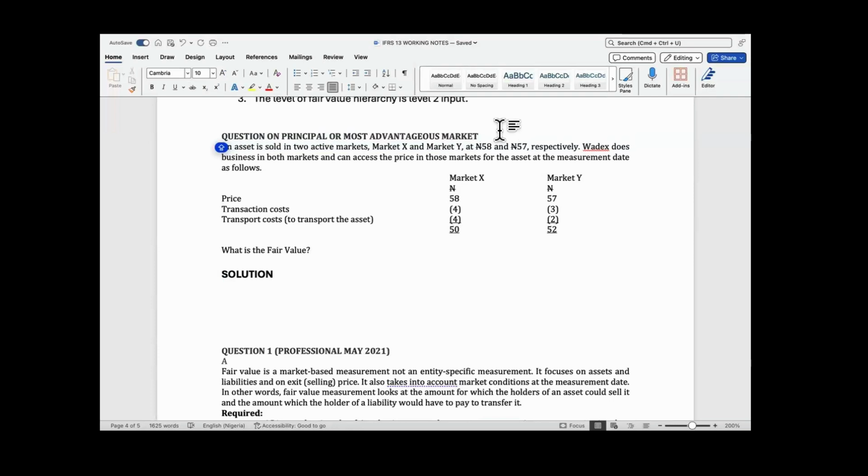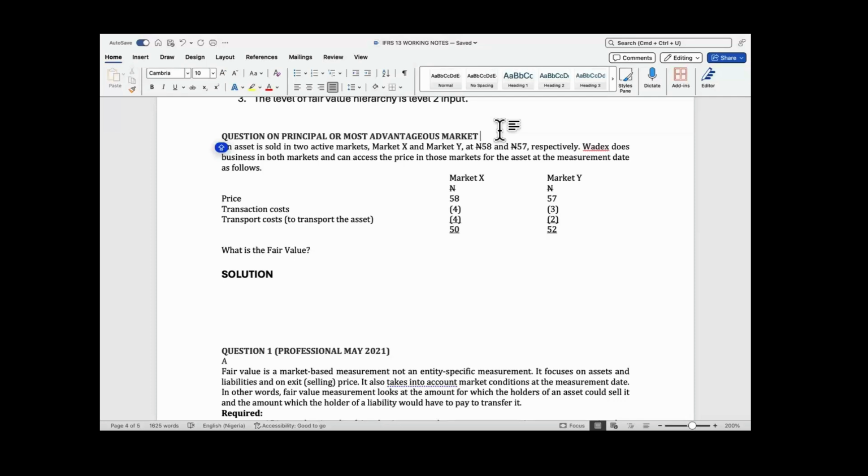Now, we are moving to another area. The one we have left is the scientific way of determining fair value, where we use valuation approach as well as understanding the level of fair value hierarchy.